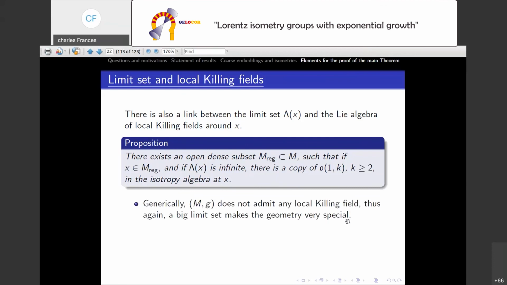Of course, you know that generically there is no local Killing field, so you guess that when the limit set is big, this abundance of Killing fields makes the geometry very special.